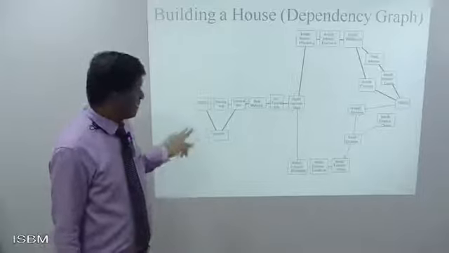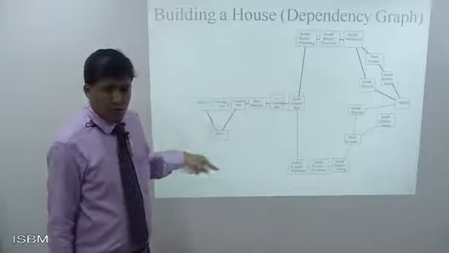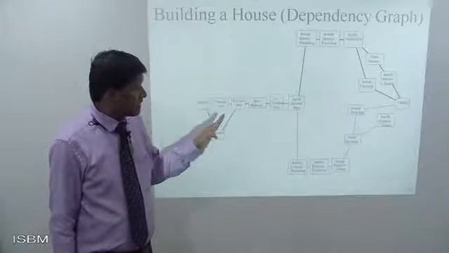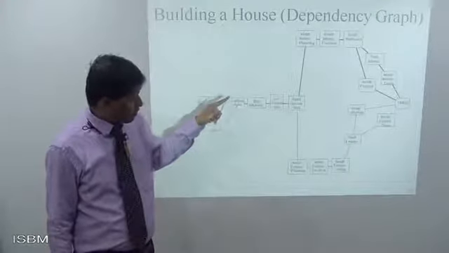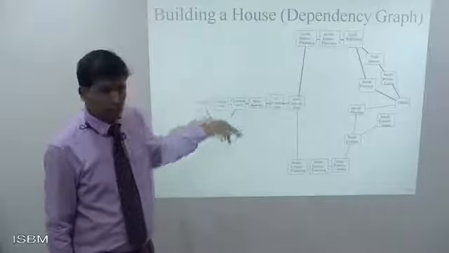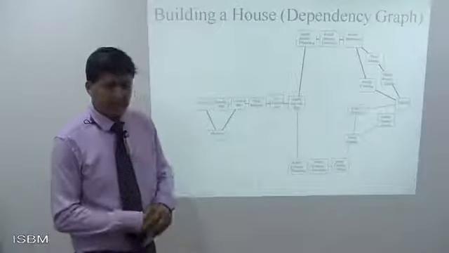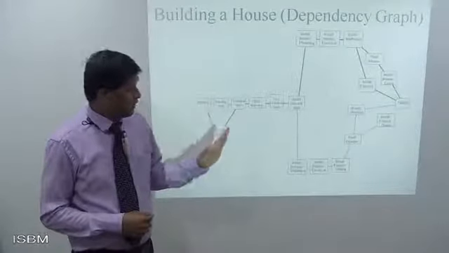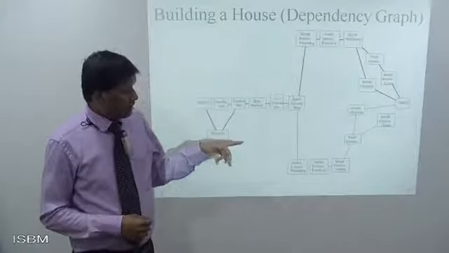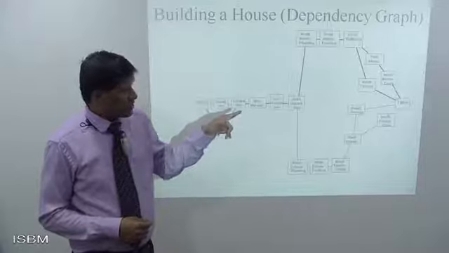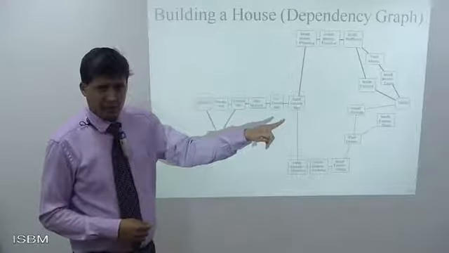So we want to survey, we need to get a permit, excavation, biomaterial, lay foundation, build outside wall. Once the outside wall is there, then things open out: plumbing, internal, external, electricity, wall board, paint, both ends, installing, roofing, finish.